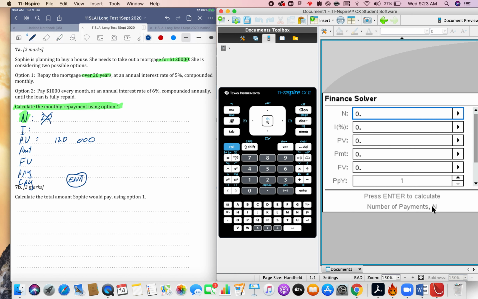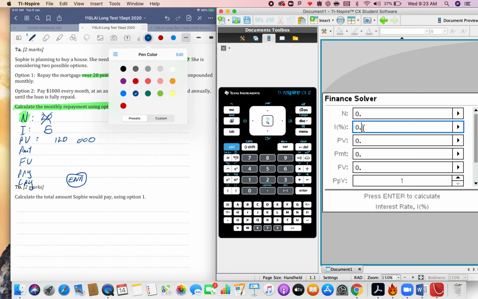It definitely isn't. At an annual interest rate of 5%, that's 5% for the year. If you click on I, it says the interest rate, and this is always the yearly rate. It is compounded monthly, so CPY is 12.